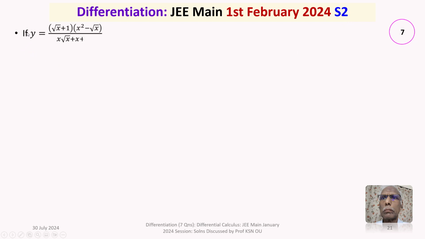The given question is, if y is equal to root of x plus 1 multiplied by x square minus root x by x root x plus root x, plus 1 by 15 times 3 cos square x minus 5 multiplied by cos cube x, then required to find the value of 96 y prime at x is equal to pi by 6.